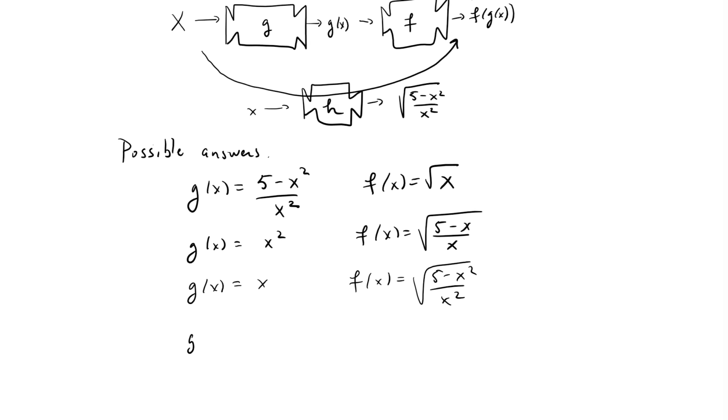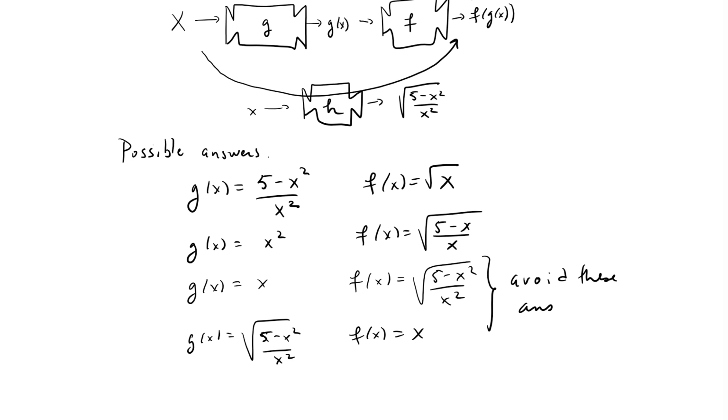You could also say g of x is the entire function h, which you feed to the identity function x that's basically doing nothing, like the input and the output are the same. So avoid these answers. I don't want them. If I ask you to decompose and this is your answer, you're not going to get a lot of points. You're actually going to get 0. So I want something that decomposes h into simpler functions.